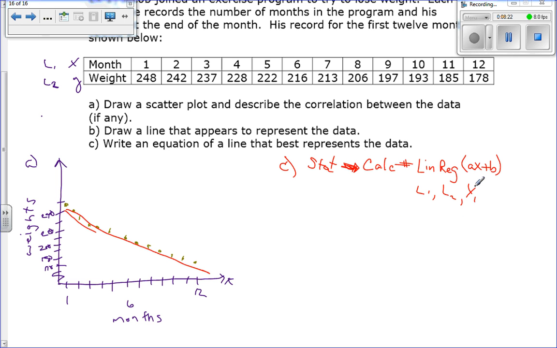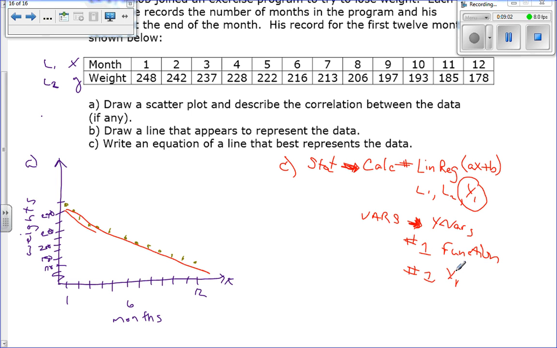And to get Y1, you hit your VARS button, and then you arrow over, and you go to Y-VARS. Number 1, which is Function, and then number 1 again, which is Y1.